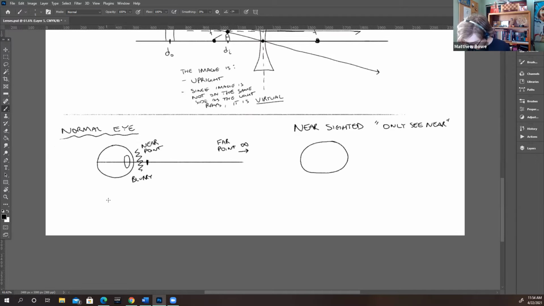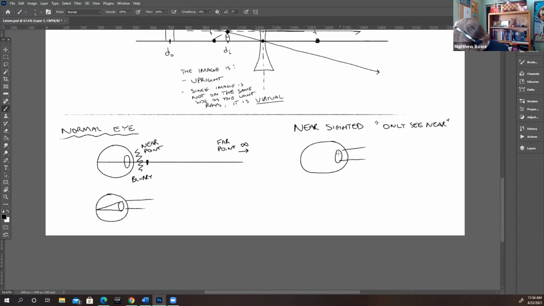And so for that normal eye, let's do that little picture one more time. For a normal eye, light will come in and converge at the back like this. It's a bad picture, but I think you get it. So for this nearsighted eye, your eye is just too long.